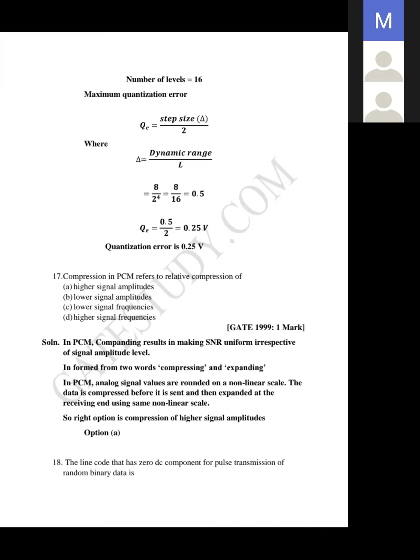We can't send the high amplitude as it is, so we compress at the starting end, and at the receiving end we expand it. Then only can we recover the original information. That process is called companding.